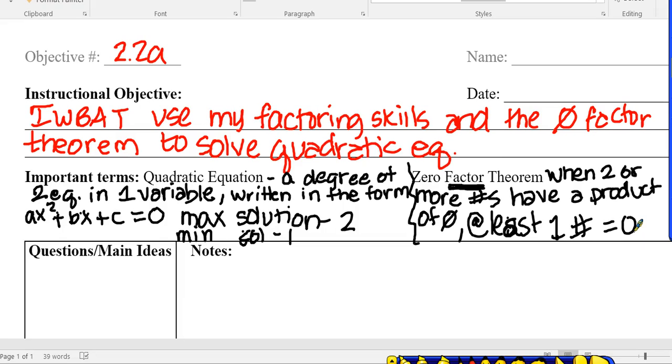Why is that important? Because we use the zero factor theorem to solve quadratic equations when we use a quadratic formula or when we factor. It's just the simplest way to find factors is to make them equal 0.